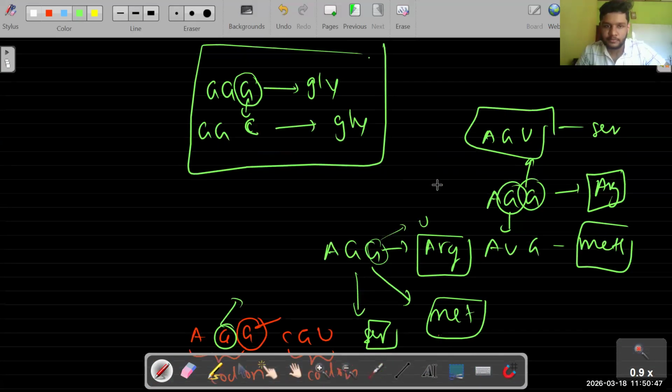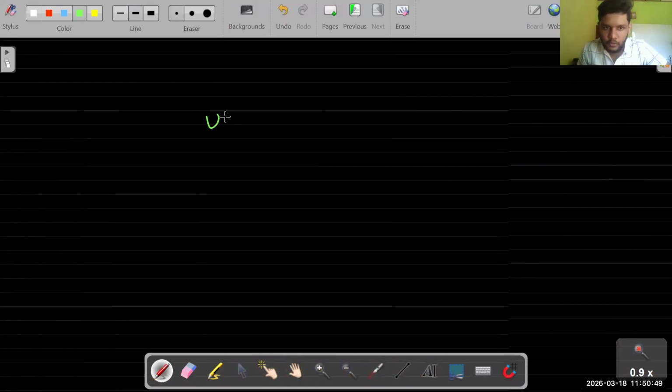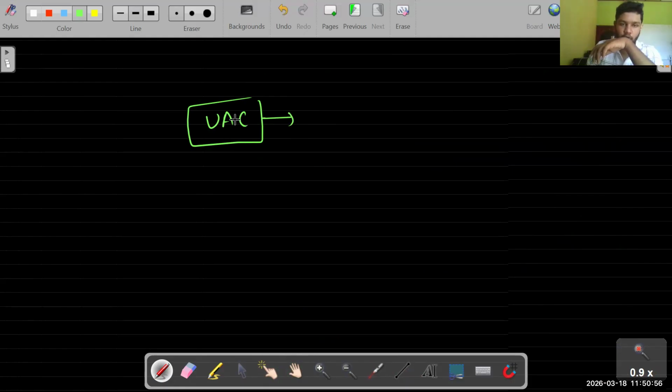Now see, UAC. What is this amino acid? I mean this codon codes for an amino acid. Use your codon book and let me know. UAC is TYR.